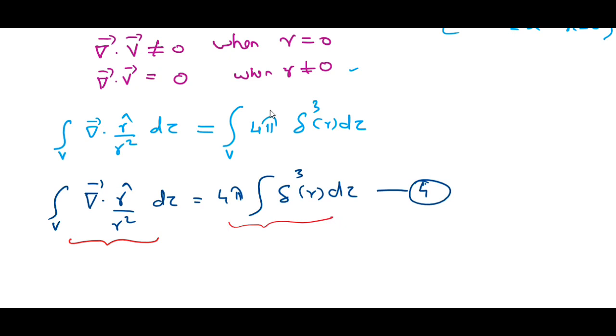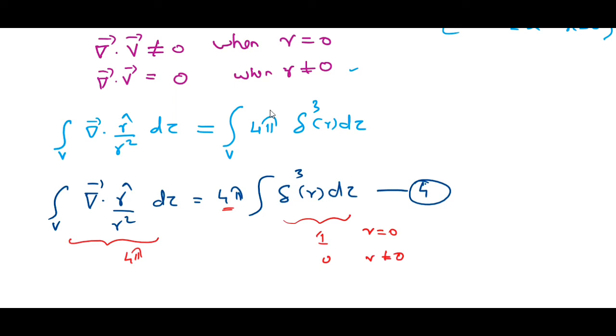Now you see, we will get the right hand side 4 pi when this is equal to 1. At what condition is this equal to 1? When r is equal to 0, and this delta cube function will be 0 when r is not equal to 0.